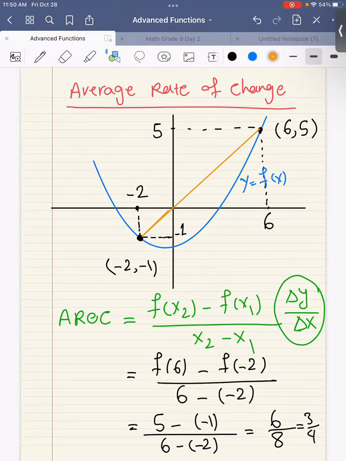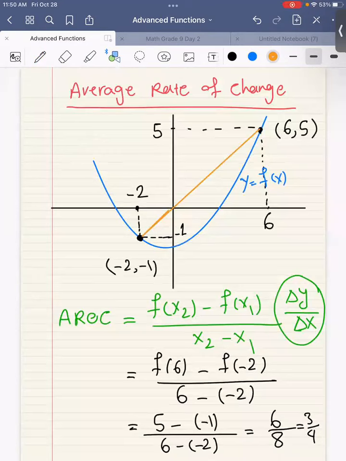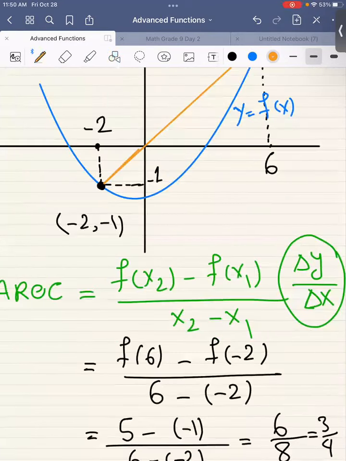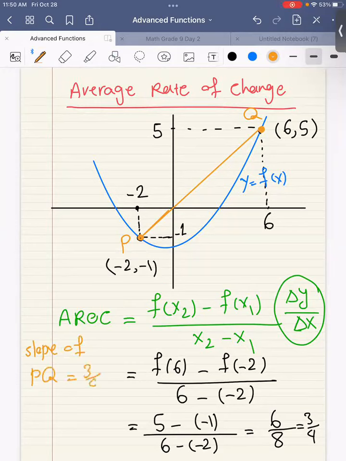If I call this point P, for example, and this point Q, then 3/4 is just the slope of the line PQ.